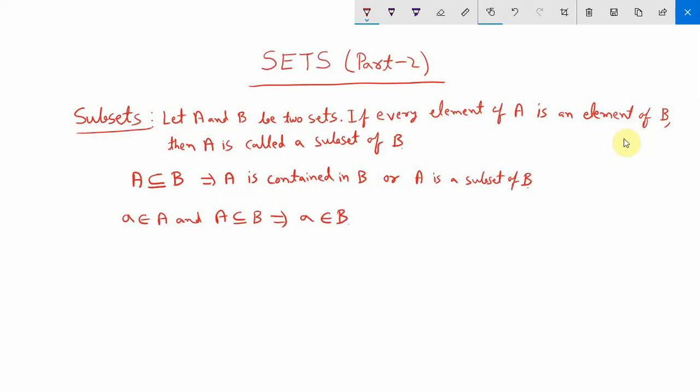And every set is a subset of itself. Please note down. Because all the elements, see, if we have set A, then all the elements of set A will lie in set A. So every set is a subset of itself.